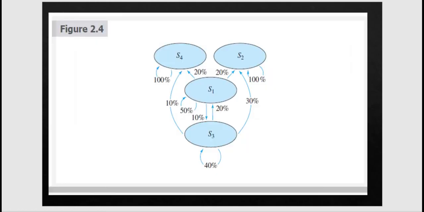So I can go from S3 to S2, S1 to S2. It's possible to go from S1 to S4. Let's see. I don't see going back from S4 to S2.